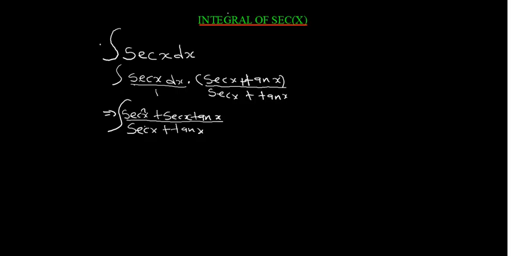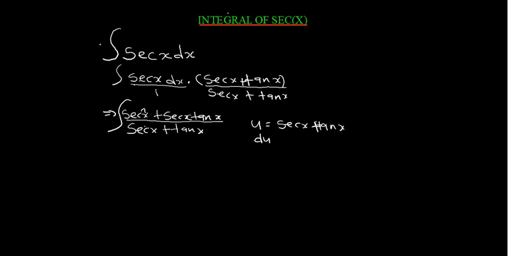Once you have this, by the way, this is all the integral. Then we say let u be equal to sec x plus tan x. This is plus, by the way. To find du, since this is u, let's find its derivative.